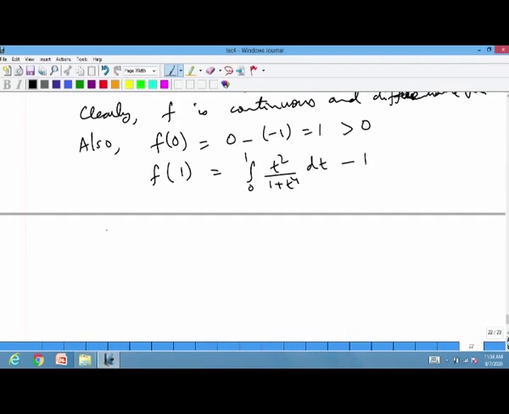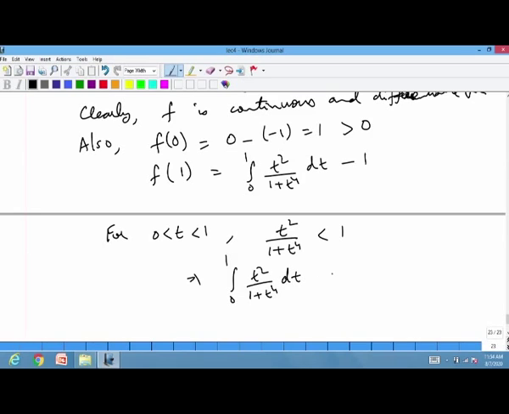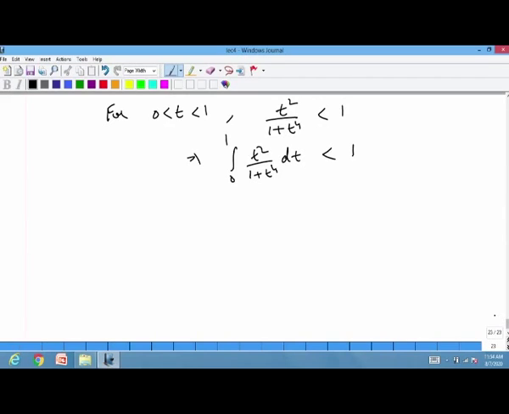Now, for t between 0 and 1, t square by 1 plus t to the 4 is strictly less than 1. So, therefore, the integral 0 to 1 of t square by 1 plus t to the 4 dt will be less than 1, and therefore, f(1) is negative.